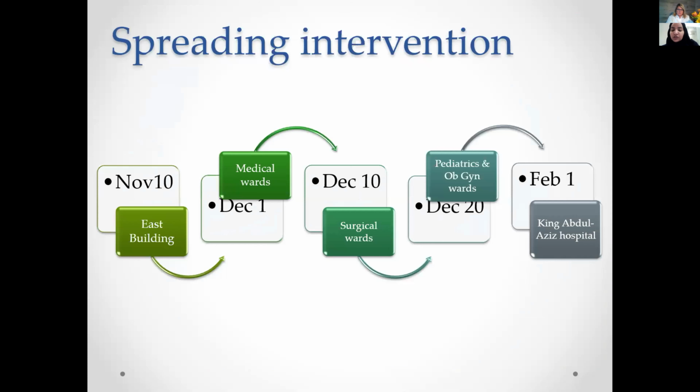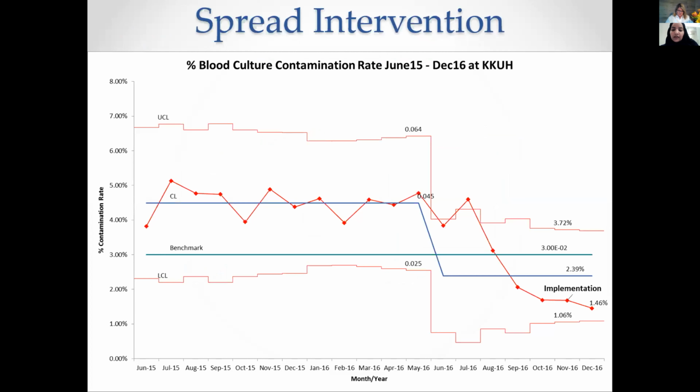Then we started to spread our implementation from East Building and then to the medical wards, surgical ward, pediatric, OB/GYN, and then to the other hospital, King Abdulaziz University Hospital. The rate started to decrease and the sustainability continued.